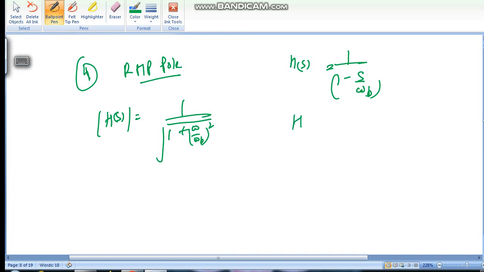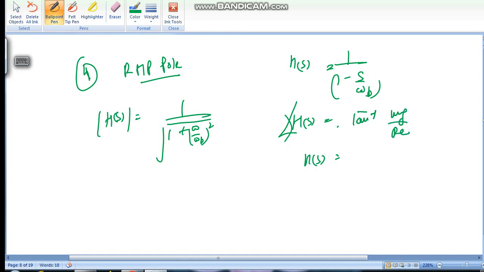Now let's see the phase response. We need to find out the phase response. Tan inverse of imaginary part upon real part.